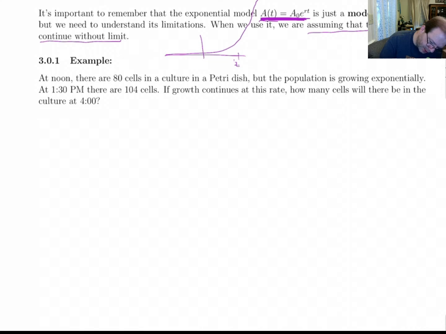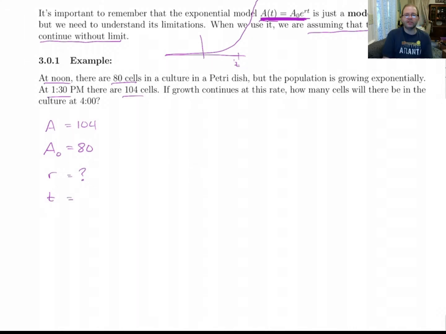So let's see. At noon, 80 cells. So that's how much we start with. And at 1:30, there are 104 cells. We've got to solve for r. Now, what do we use for t here? There are two possibilities.